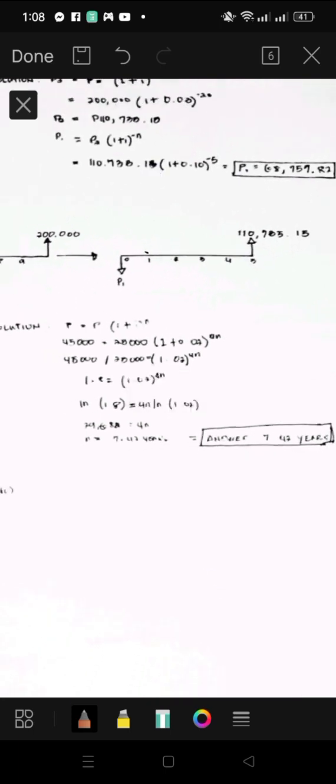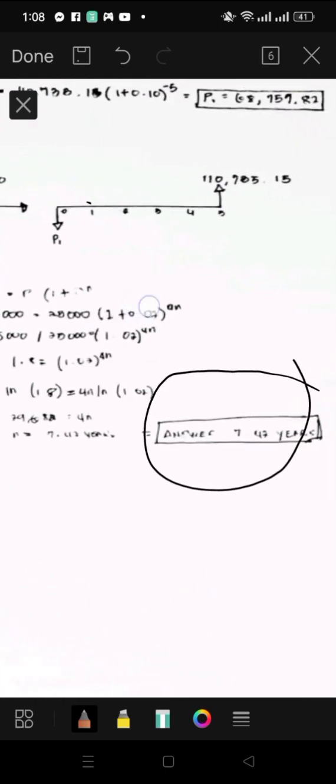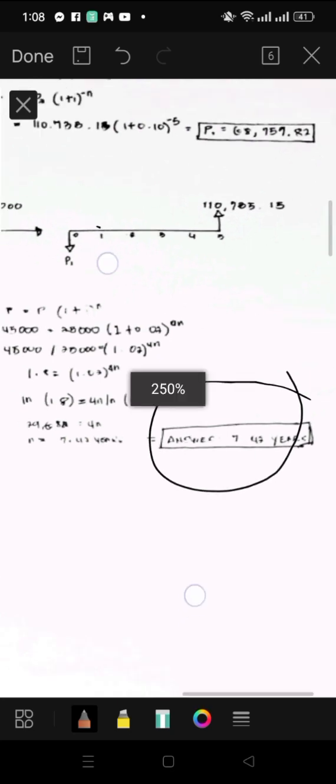It takes a long time, but it gives the perfect answer for this kind of problem. It is 7.42, that is the years needed. So let's proceed to our problem number 7.